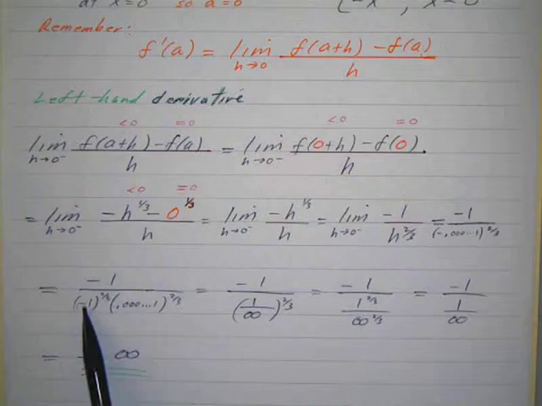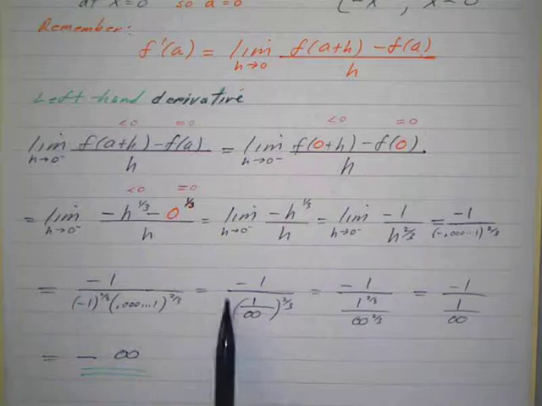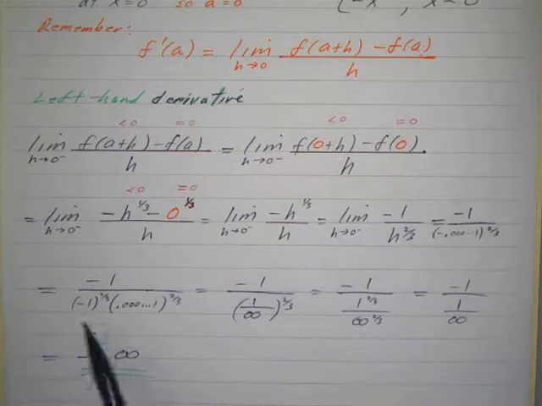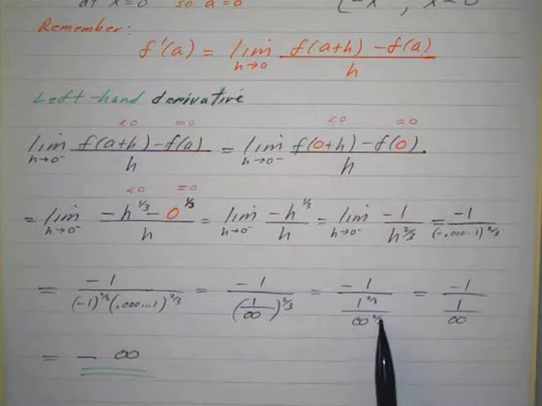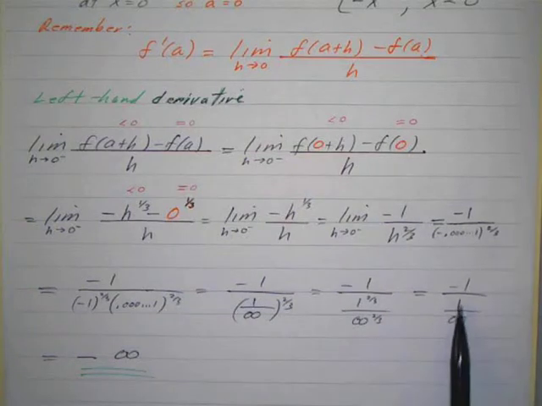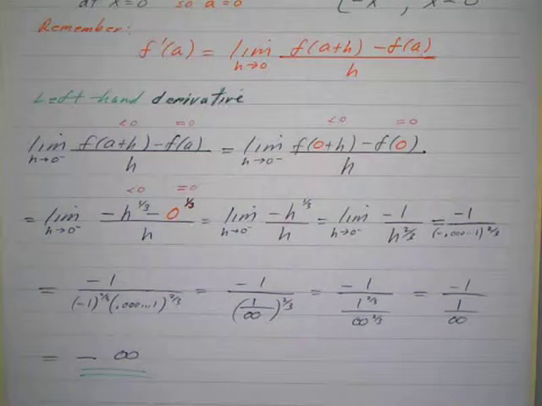If I take the cube root of negative 1, I get negative 1. Negative 1 squared is positive 1, so that just becomes positive 1. So positive 1 just absorbs, and then I can break this up into 1 to the 2/3 over infinity to the 2/3, which is just 1 over infinity. I can invert and multiply, so I still have my negative sign, so that's negative infinity. That negative sign still survived all that. So I have negative infinity.